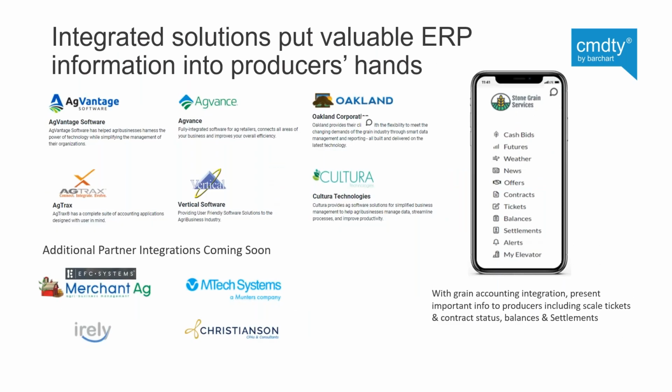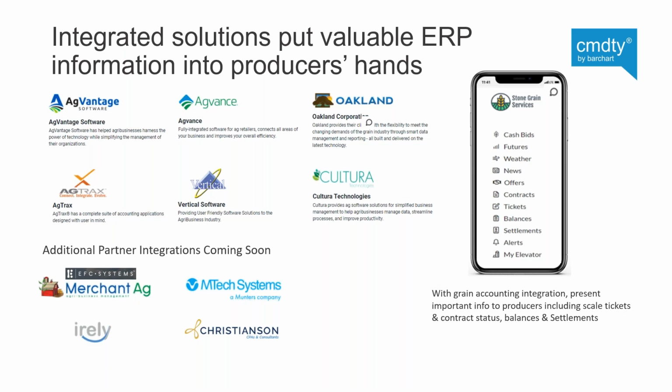One big area that we have focused on very heavily over the last 6 months or so is integrating these solutions into your back office, your grain accounting or ERP systems. Currently, we have partnerships in place and integration completed with AgVantage, AgVance, Oakland, Cultura, Vertical, and AgTrax.